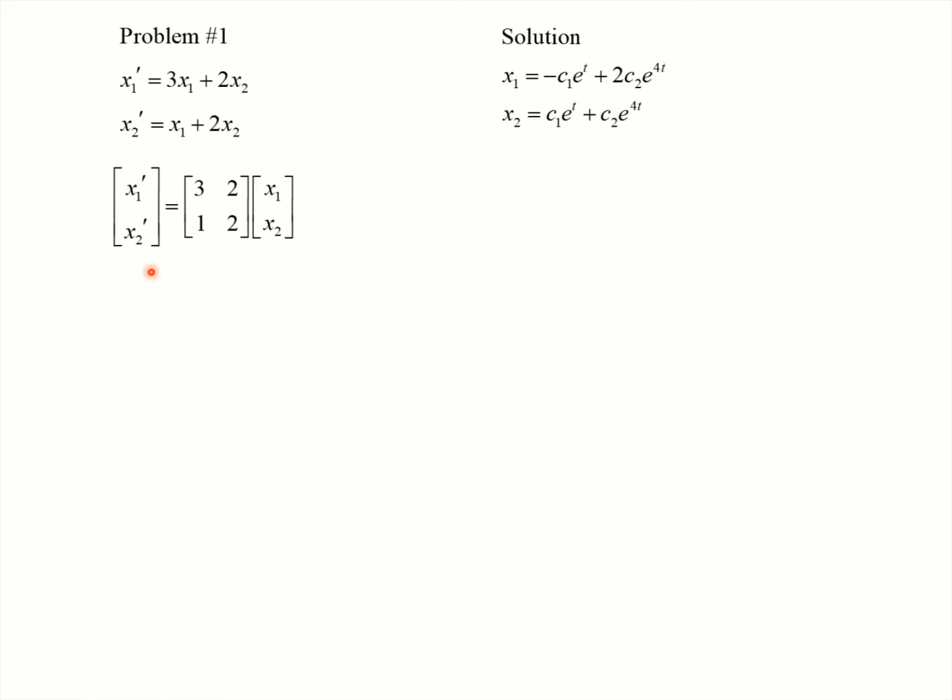Because we like this notation, this is x1 prime, x2 prime. If we were doing a bigger system, this vector might say x1 prime, x2 prime, x3 prime, up to x6 prime. Hopefully we won't have to do anything like that in our homework. But anyway, it's going to have all your xi primes. So we're going to call this vector x prime.